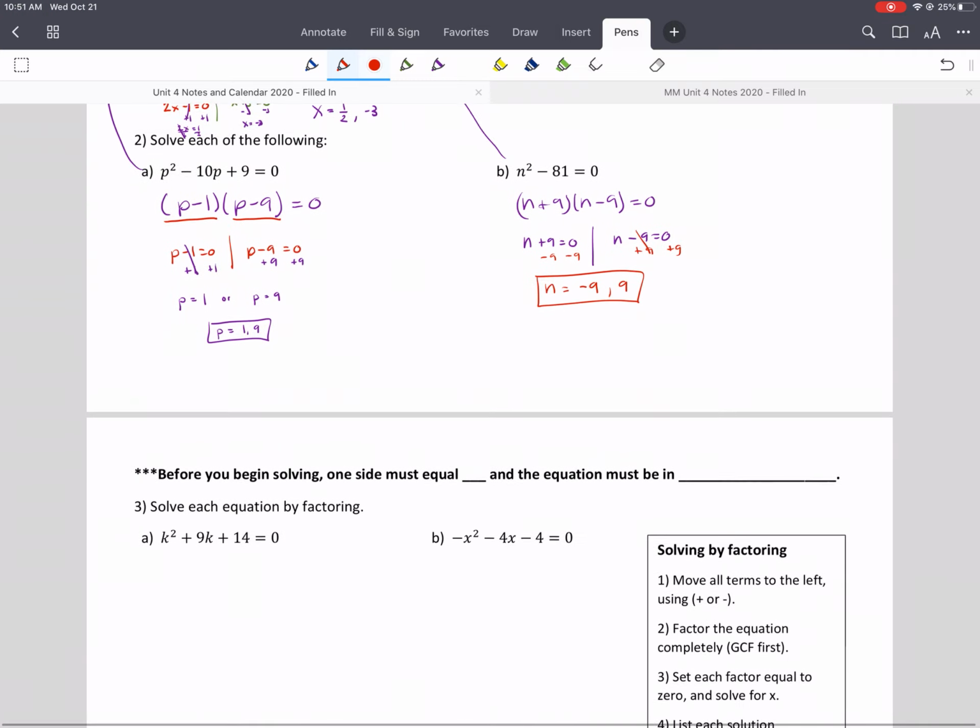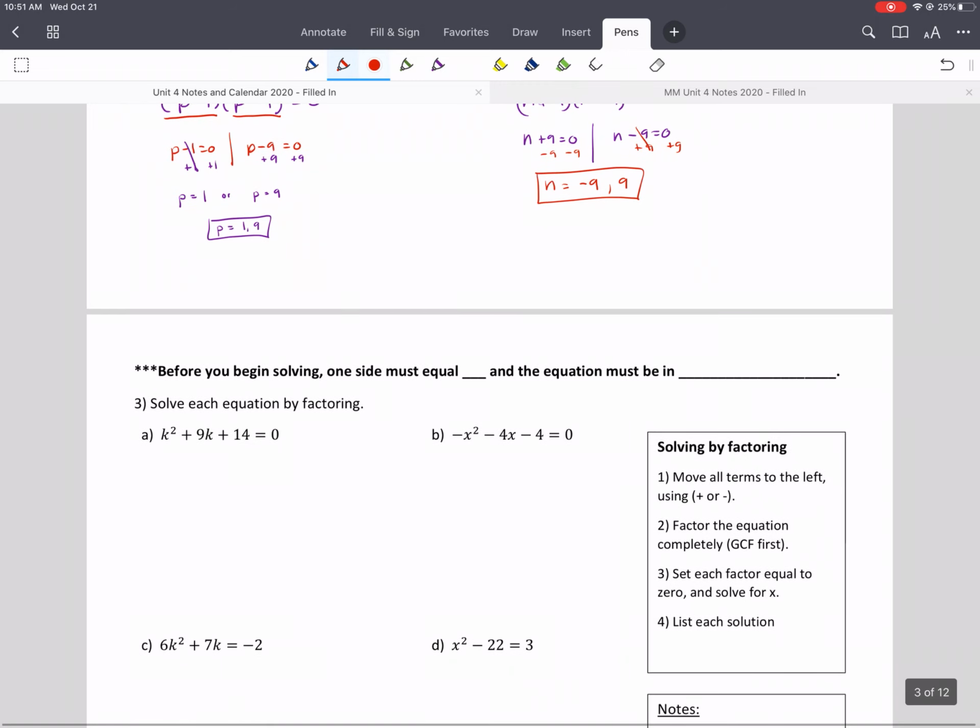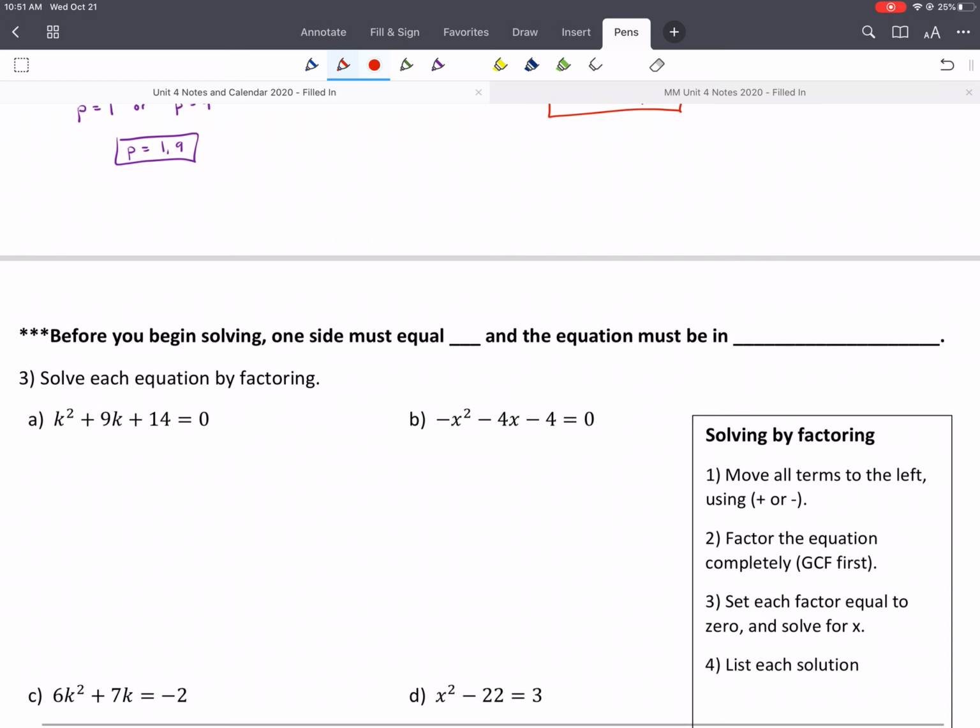All right, so let's bring it all together, okay? We'll start with the equation, we'll factor, and we'll solve. So again, before you begin solving, one side must be equal to 0, okay? It has to be in standard form, okay?